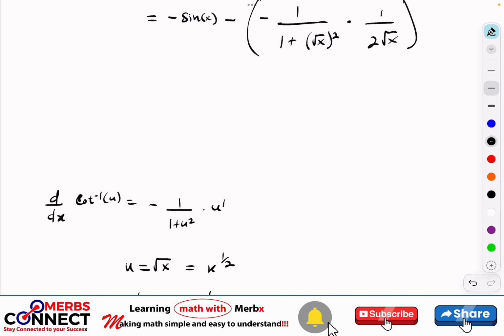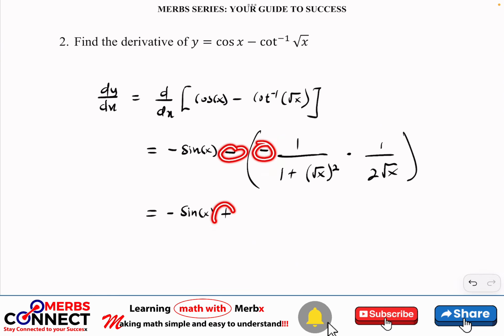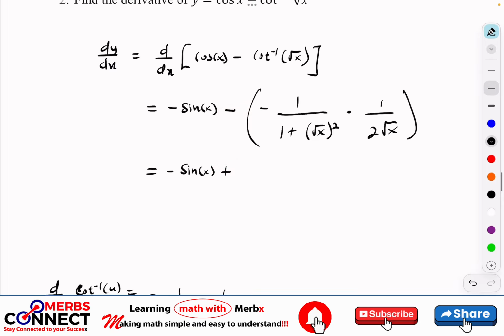All right. So this is going to give us minus sine of x plus, right? So plus, because when I multiply minus minus, it gives plus. Then this is going to be 1 divided by 1 plus, so square root of x squared is going to just give us x, times 1 over 2 square root of x.